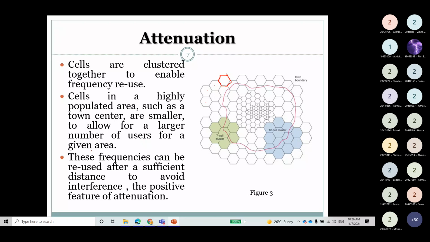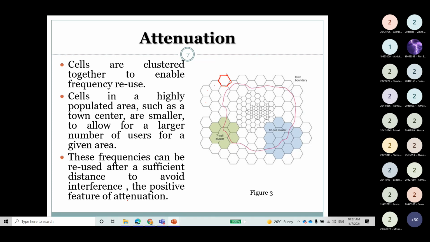So these frequencies can be reused after a sufficient distance to avoid interference. It is the positive feature of attenuation: avoiding interference when you use this feature. Is it clear?